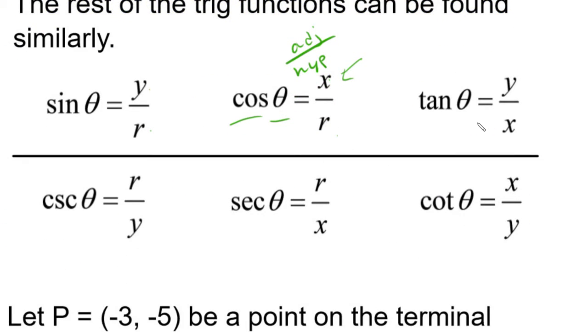Then tangent is y over x, which is basically exactly like opposite over adjacent, right? As for the remaining 3 trig functions, they are exactly like you'd expect. They're just the reciprocals: cosecant is the reciprocal of sine, secant is the reciprocal of cosine, cotangent is the reciprocal of tangent.